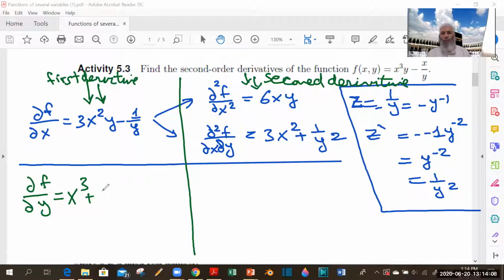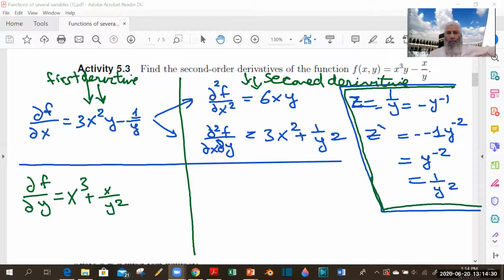So this is positive x over y squared. That is the derivative of x over y with respect to y, this part here.